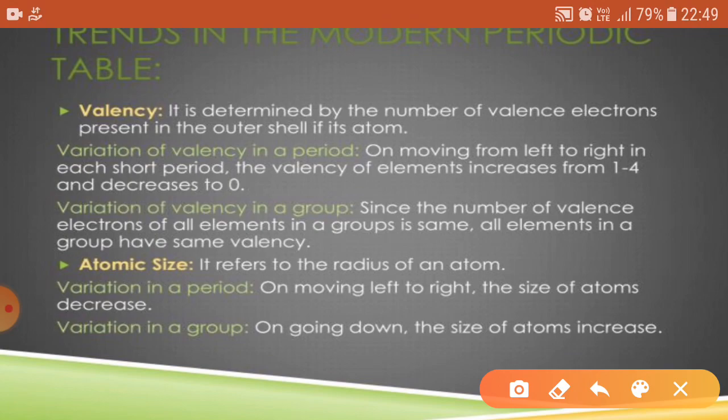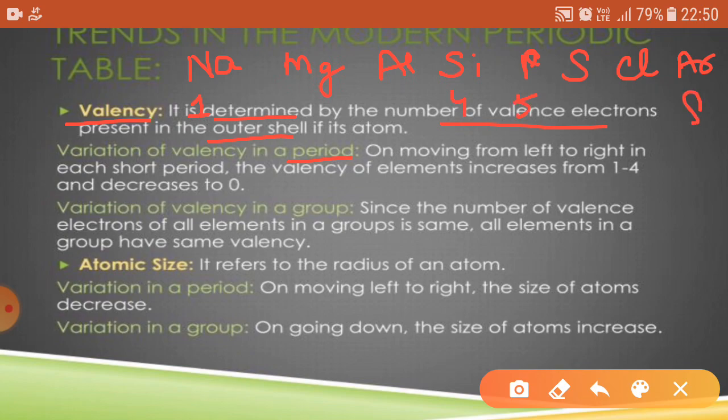The first one is valency. It is determined by the number of valence electrons present in the outermost shell. For example, what is the trend along the period? Let us take the third period: sodium, magnesium, aluminium, silicon, phosphorus, sulfur, chlorine, and argon. The valence electrons vary from 1 to 4 and 5 to 8.